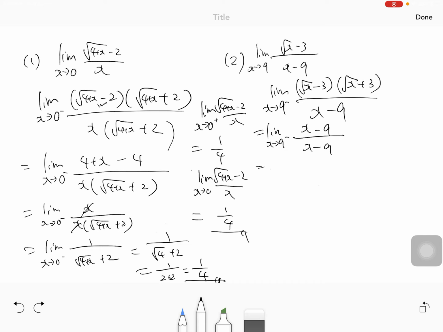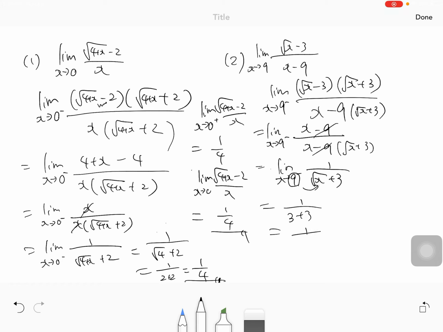Oh, sorry, I forgot to multiply here. Square root of x plus 3. Square root of x plus 3. And limit x approaches 9 from the left side, 1 over square root of x plus 3. And you can just plug in 9 into x. And it's going to be 1 over 3 plus 3, which is 1 over 6.